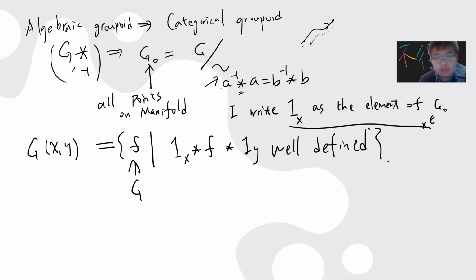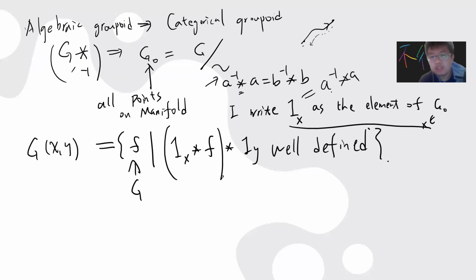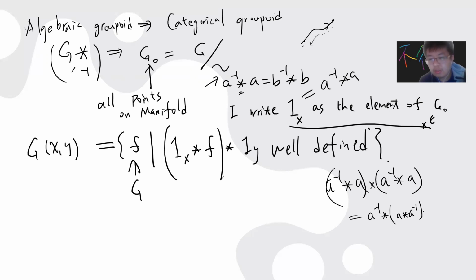Oh, by the way, I should say this. Remember that this 1X is defined to be a star a inverse star a, right? Which means that if you do this twice, the composition twice will still be this, by our formula.